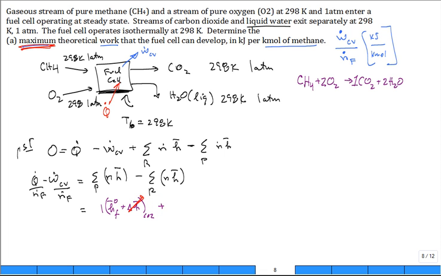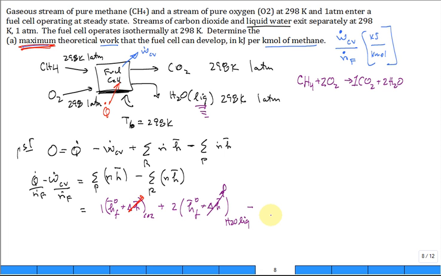Plus, for the product, 2 times enthalpy of formation plus delta H bar. It's coming out at 298, so that's 0 as well. But this is H2O liquid. It has a different enthalpy of formation than vapor. True? So be careful on that one.